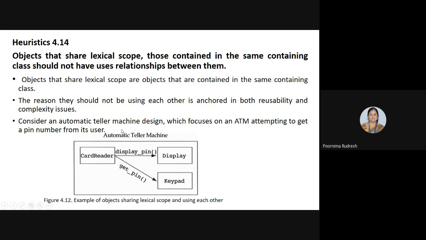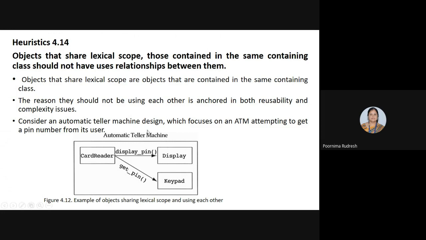The problem arises because the card reader operations are just the functionalities to read the card information. That's all. Once it is read, then it is the responsibility of the ATM machine to display the message and to get the PIN number through the keyboard, right?